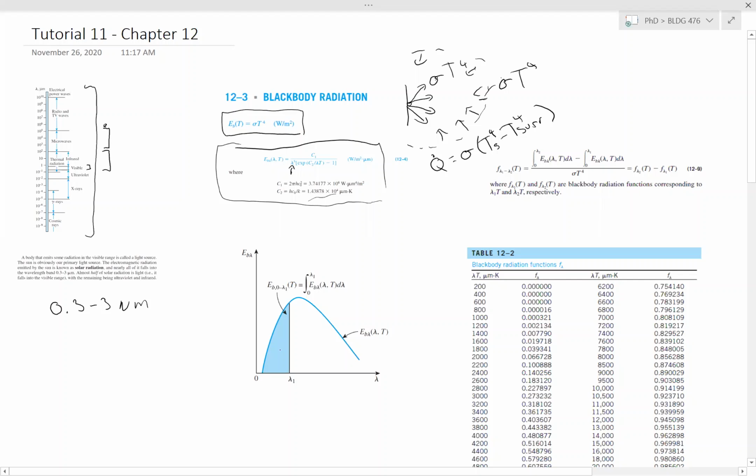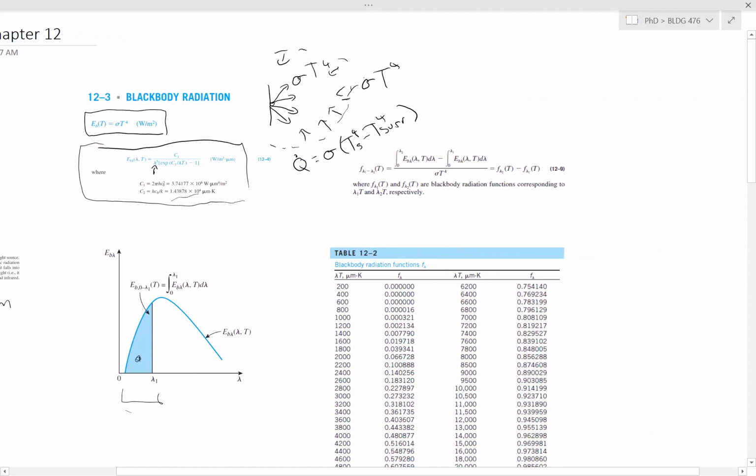In order to find the range, if this is your spectrum of emissive power, you need to integrate to find how much radiation is emitted in a range of wavelengths. The way you do that is actually fairly practical. This is the equation, where you're integrating over the range you're looking for.